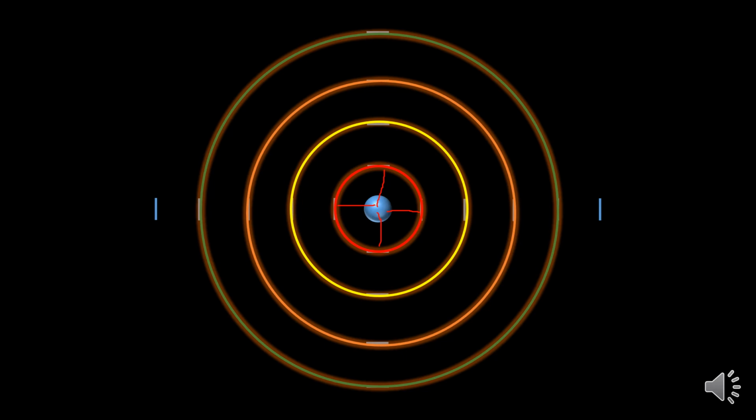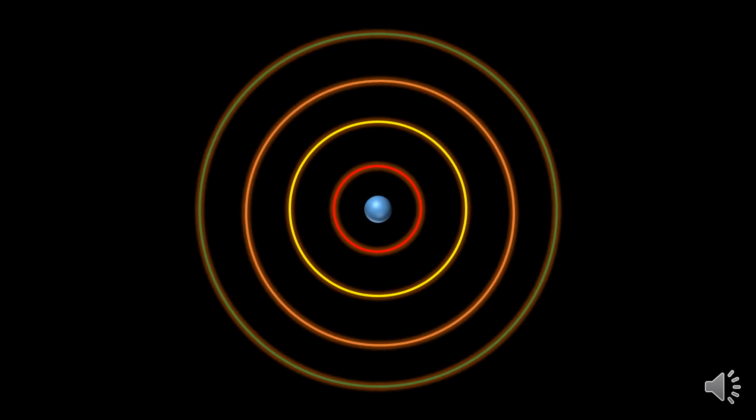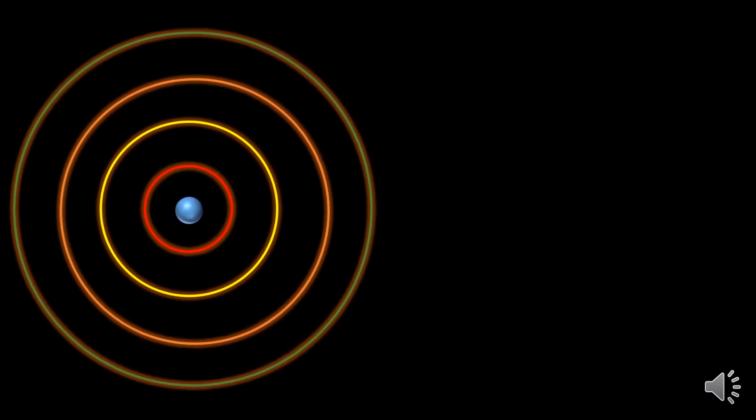Now I want to understand what will happen if I bring another charge close to this point charge. So for a point charge I have concentric rings, actually spheres, but we are describing in two dimensions, so rings.